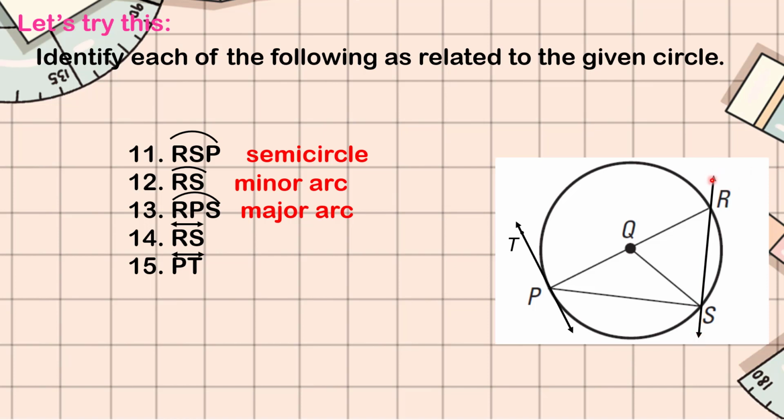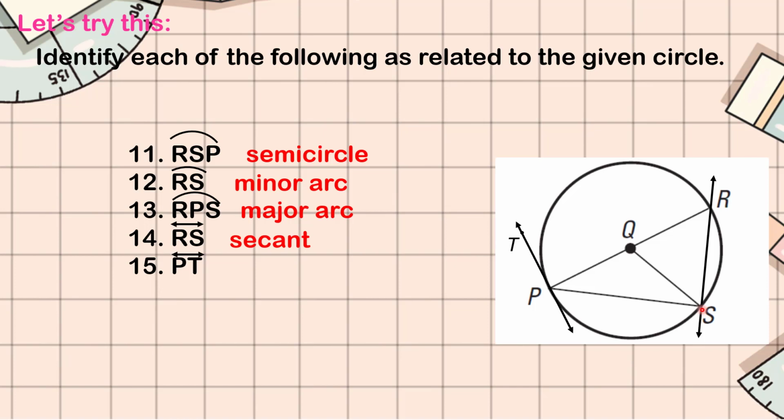Line RS intersects the circle at 2 points, at point R and point S. So what is line RS? The answer is secant. Line RS is a secant.